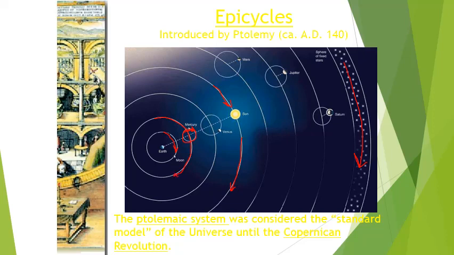So it's kind of going on this extra little loop as it goes around its main loop. It was his geometric device to explain his observations. He was seeing what appeared to be non-uniform motion in the planets, and the way he worked it out was he introduced the possibility of epicycles.